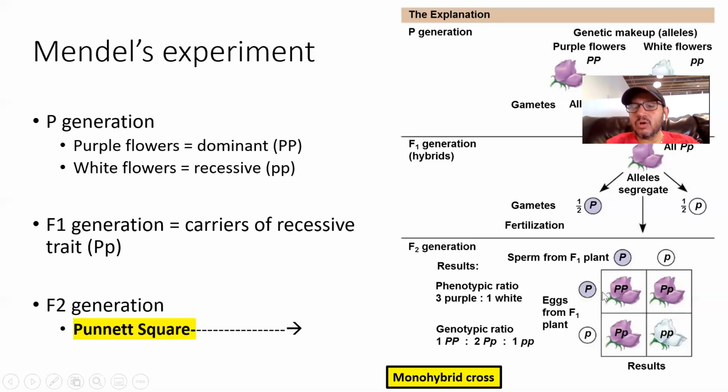You have 1 homozygous dominant, 2 heterozygous, and then 1 homozygous recessive. Okay, so please review that. Practice Punnett squares. Again, you can just Google Punnett squares and go through your textbook. At the end of chapter 15, there are example problems for performing Punnett squares.